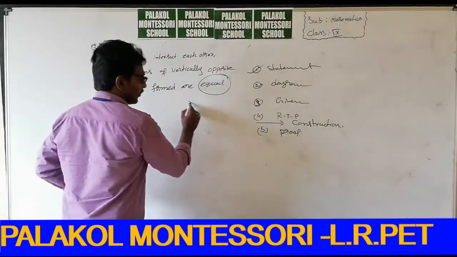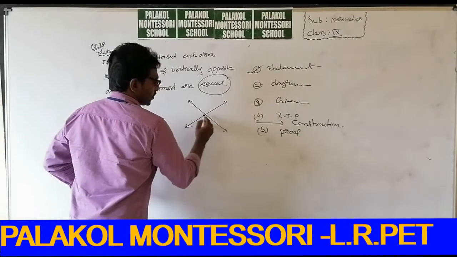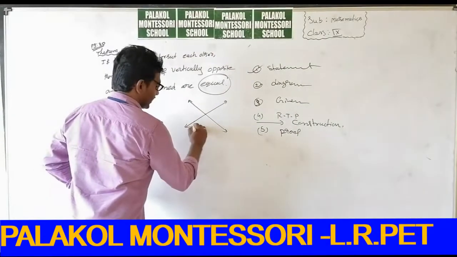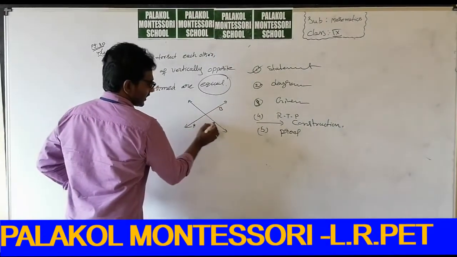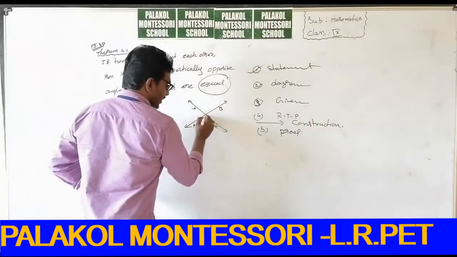Next, the diagram. So I draw the diagram. See, two lines. Suppose this line is AB and the other line is CD. These two lines intersect at one point.